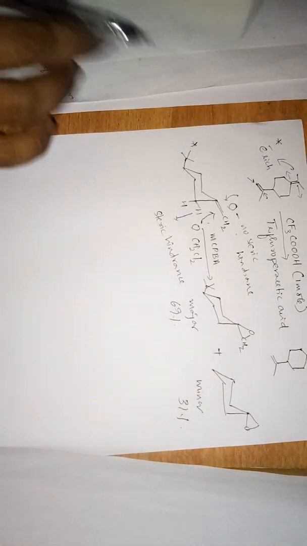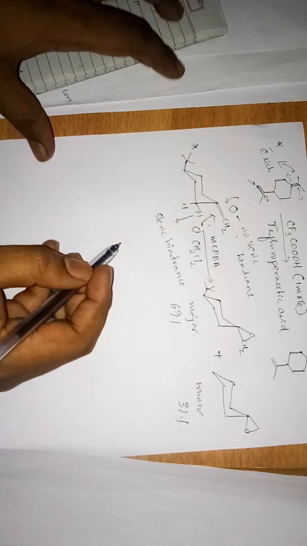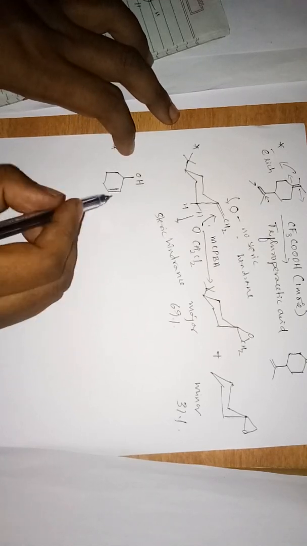So to solve problems, we can take this one. There is an OH group. We have a pi bond.